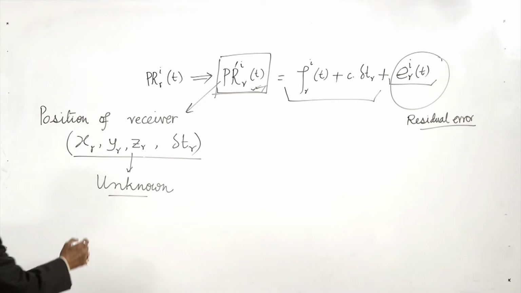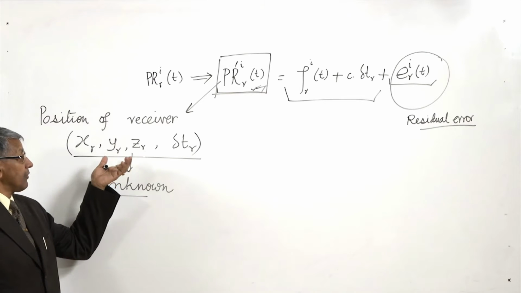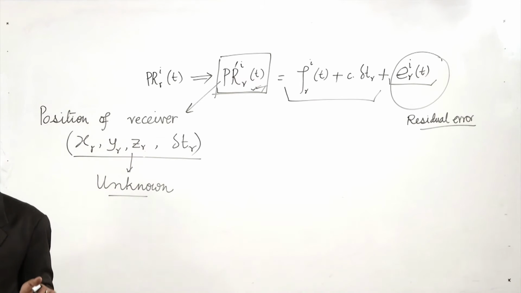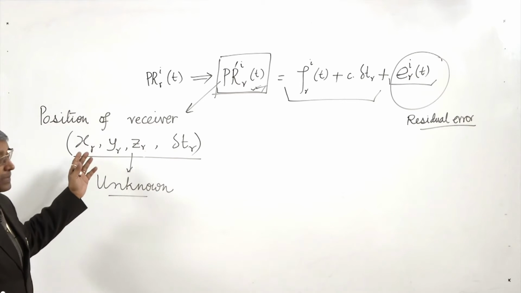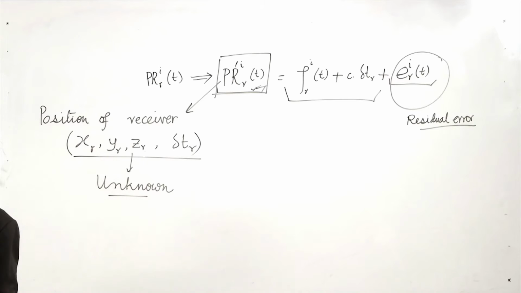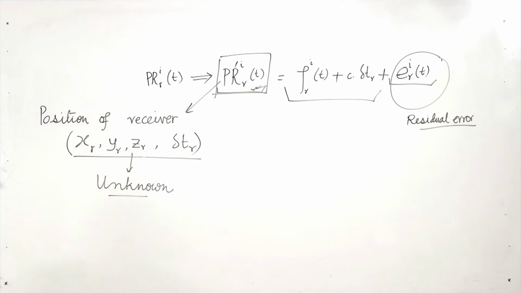Now, as I have already told in GPS point positioning, and also you know, to determine 4 unknowns we need at least 4 satellites, that means signals from at least 4 satellites, and usually we take data from more than 4 satellites.